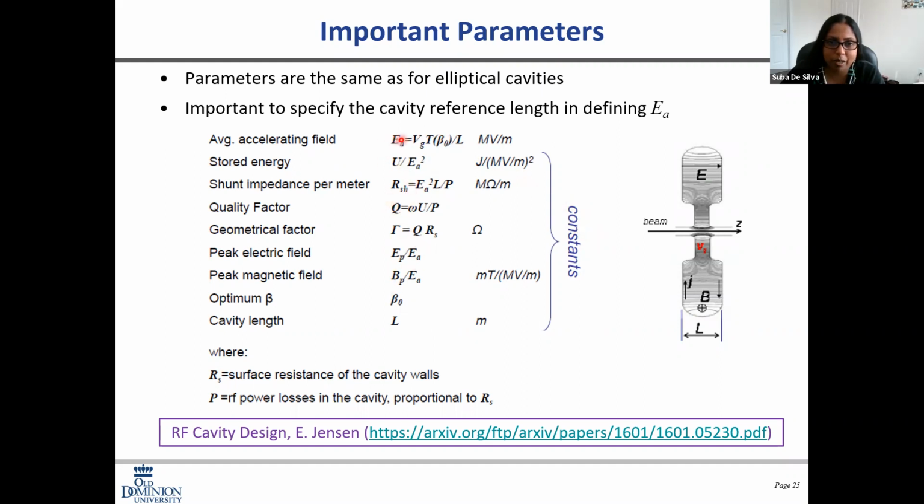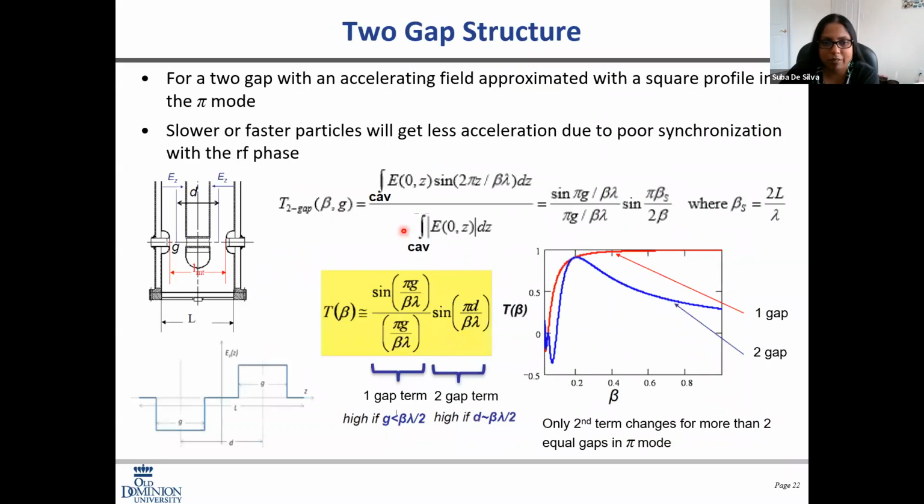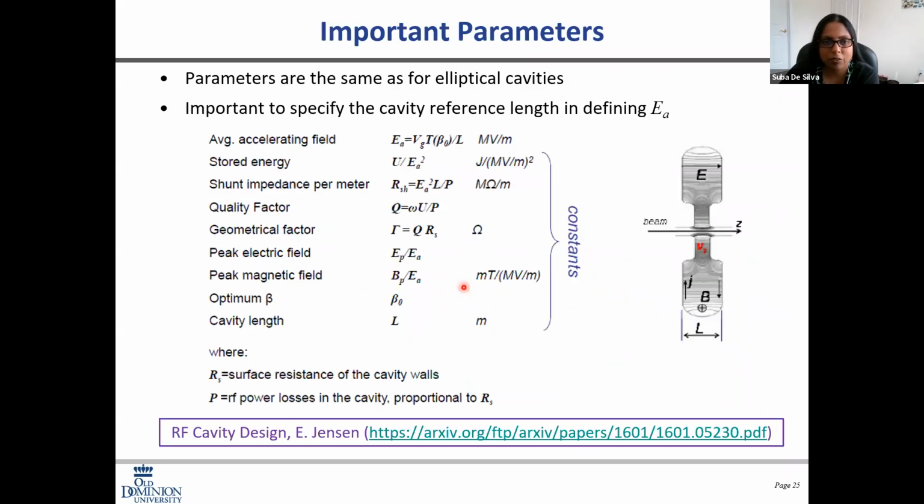These are the important parameters that determine the performance of the cavity and the applicability of the cavity for a particular application. It's worth going through it to fully understand. The knowledge that you have in calculating the particular voltage or the transit time factors, you can incorporate it to get the ultimate cavity parameters.